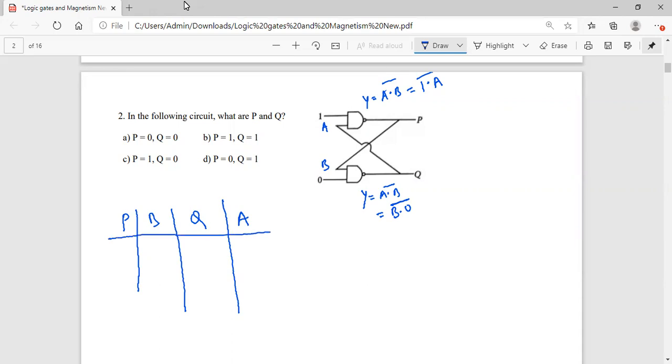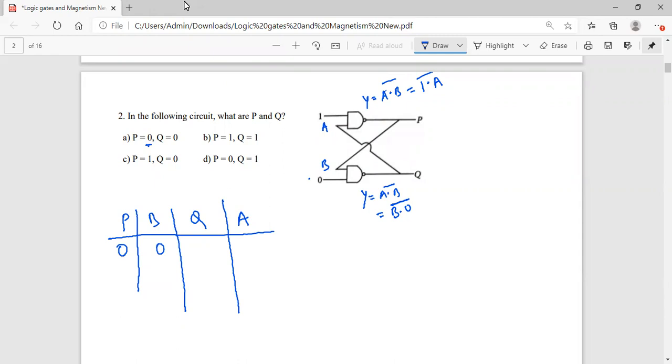Yes. First one, take P equals 0. If P is 0, B is also 0, because the output P is connected to B. Therefore B is equal to 0. 0 into 0 is 0. Negation of 0 is 1.